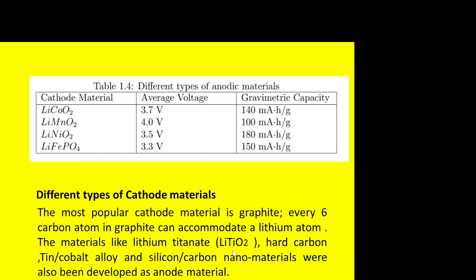The advantage of lithium titanate is that the cyclic life can go up to 20,000 cycles of charging and discharging. So this type of material is required for developing electrical vehicle batteries. This type of battery can have a life of more than 20 years.